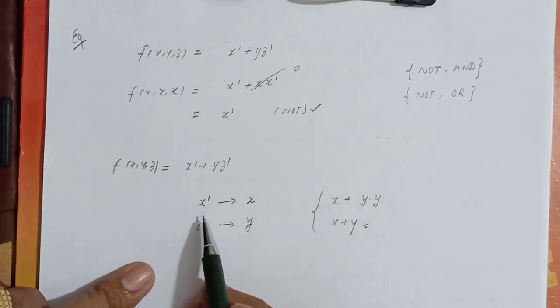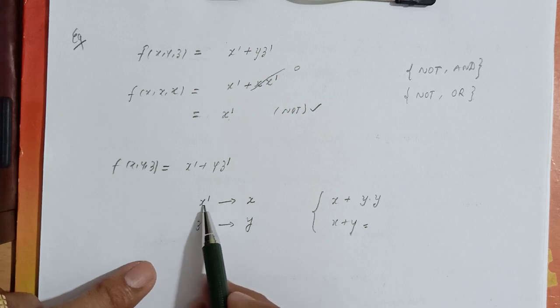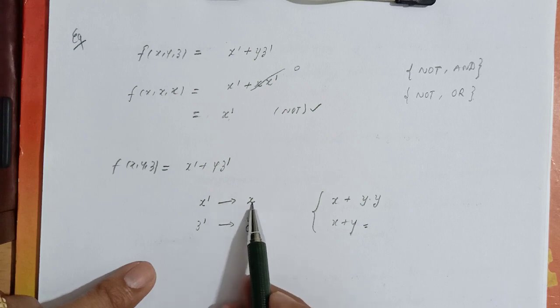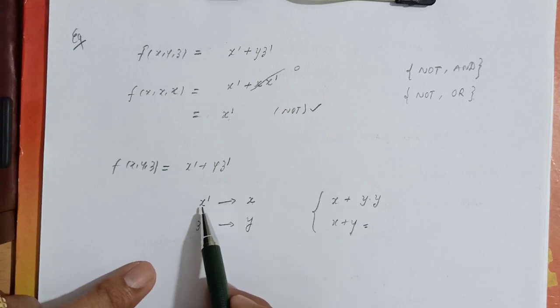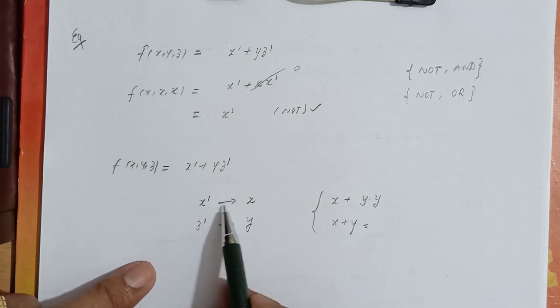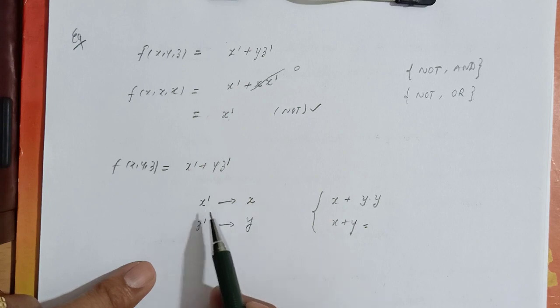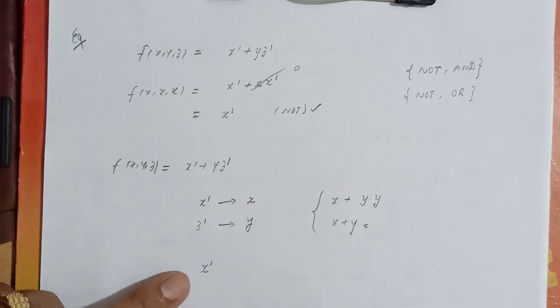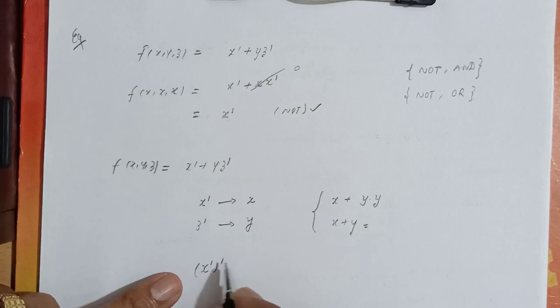So what we need, somehow we have to generate x from x dash. So how can we get x from x dash? Simply, if I put x dash dash, we can get the x.